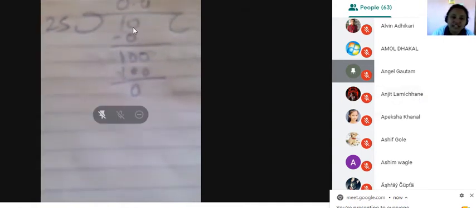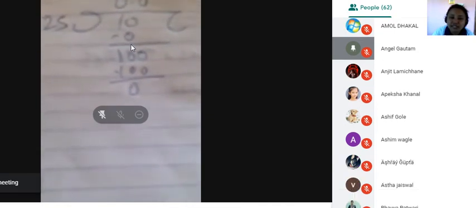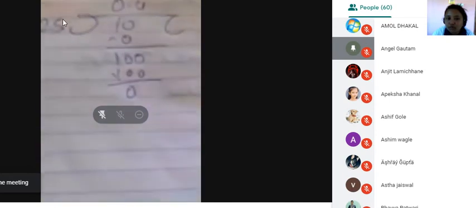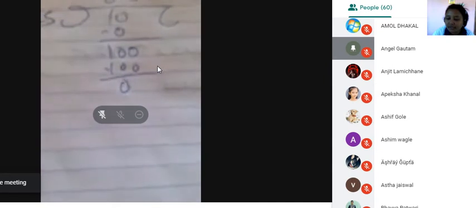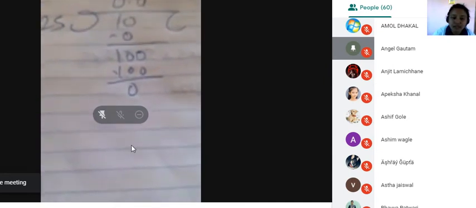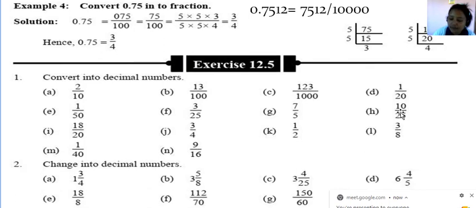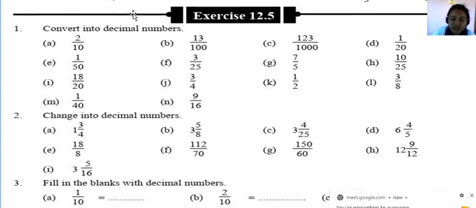So 25 will divide 10. 25 zeros are 0 will be there, 10 will be remaining, and he will be keeping the point. Then after keeping the point, we can place 1 0. So 25 fours are 100. Very good, Angel. Teacher, I also did the same thing. Very good. If you are doing the same thing, then that's okay.